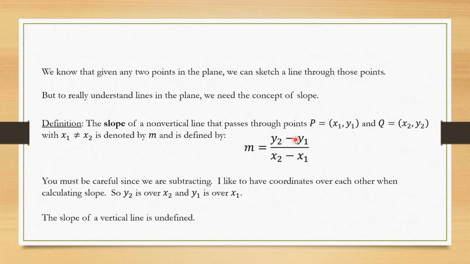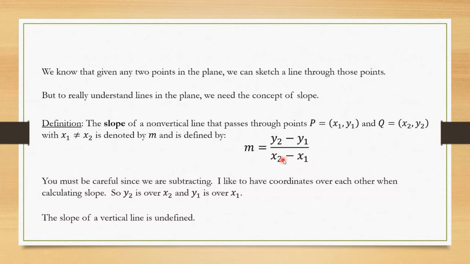Now, it's unfortunate, because you do have to be careful with the order, because we're subtracting. The way I like to think of it, I think some people learn this thing called rise over run. You could use that if you want. What I like to do is this.